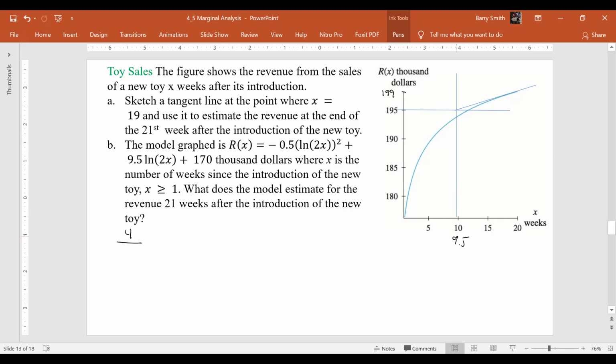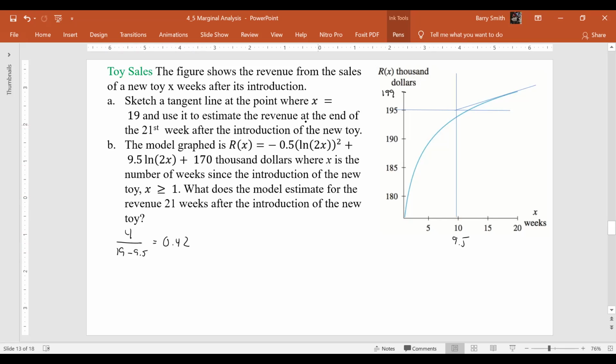Now our run went from 9.5 to 19. If we take that difference and divide, we'll have 4 divided by 19, so it's about 0.42. Okay, so that's going to be our slope.